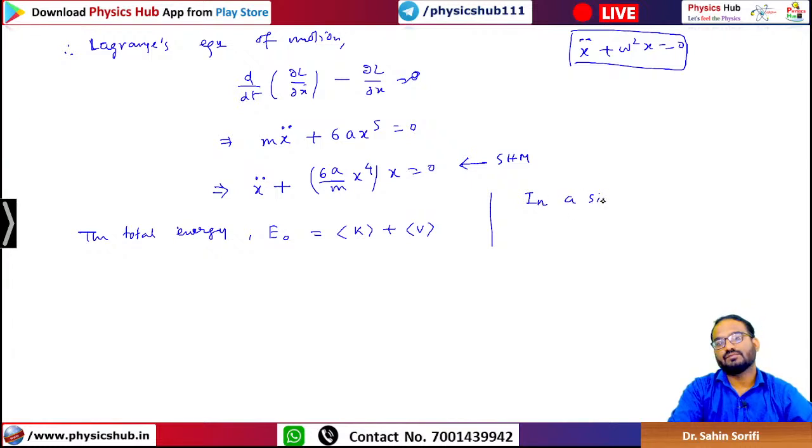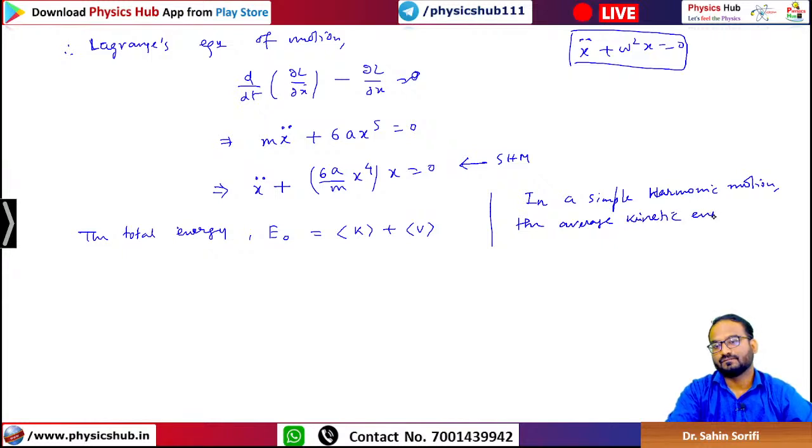In a simple harmonic motion, the average kinetic energy and potential energy are same.